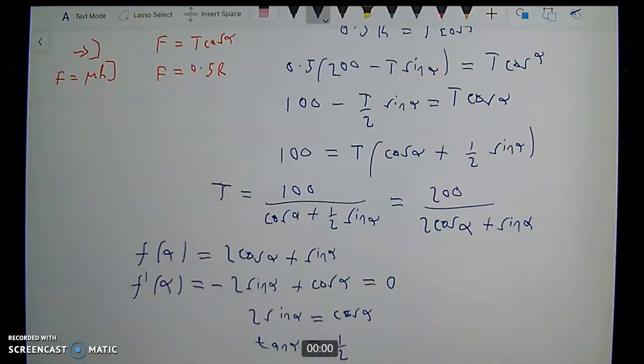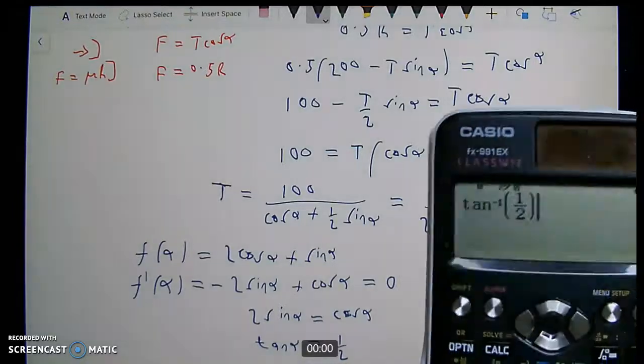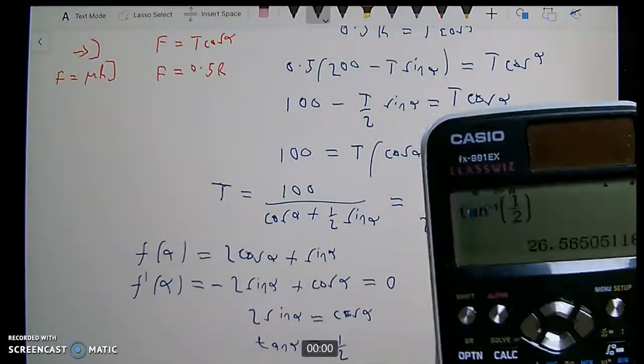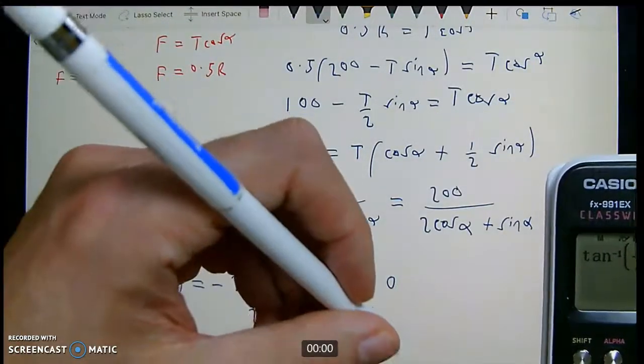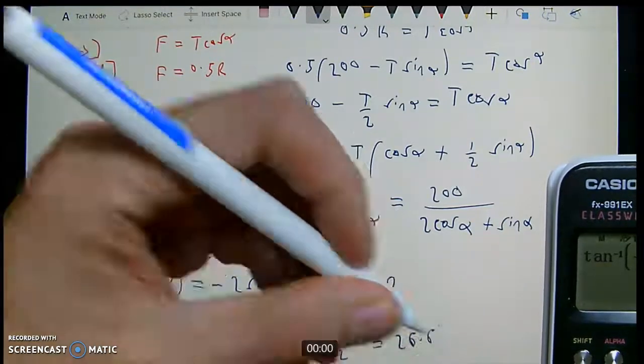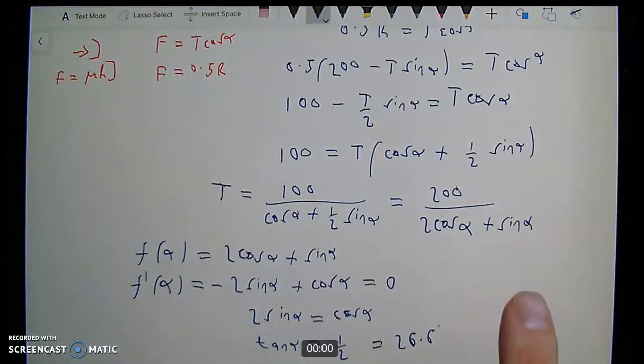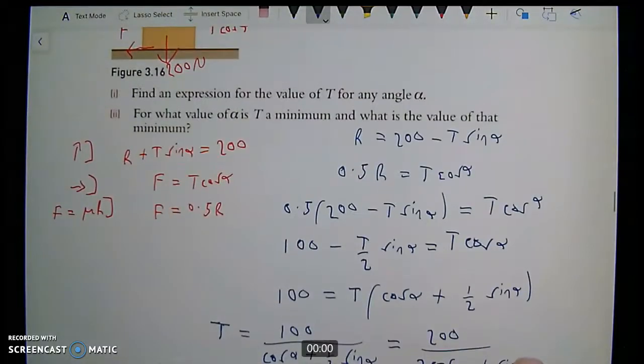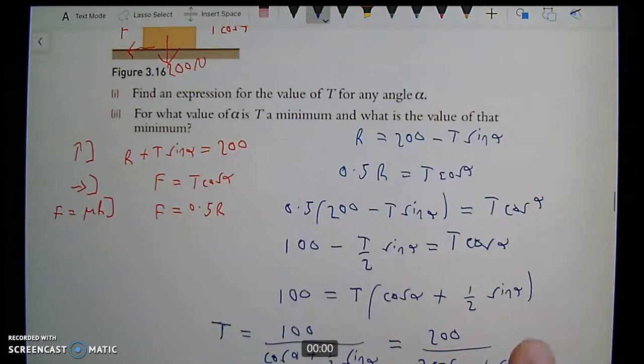And then if on your calculator you tap in inverse tan of a half, you would get 26.6 degrees.